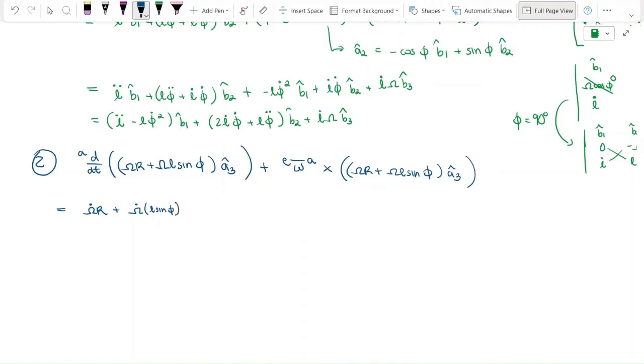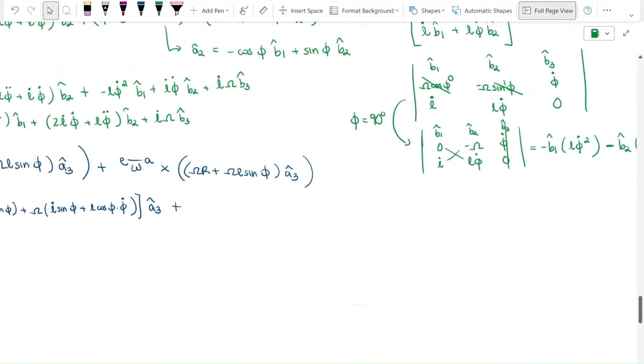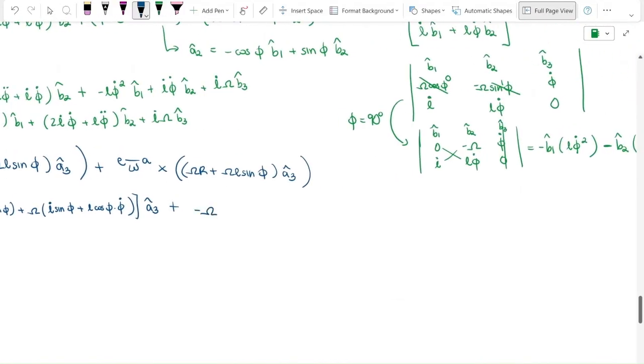So this plus, then you do the time derivative of L sine phi, which is L dot sine phi plus L cosine phi times phi dot, because you have to do the product rule for all three of these because they are all changing with respect to time. Then this becomes A3 hat.